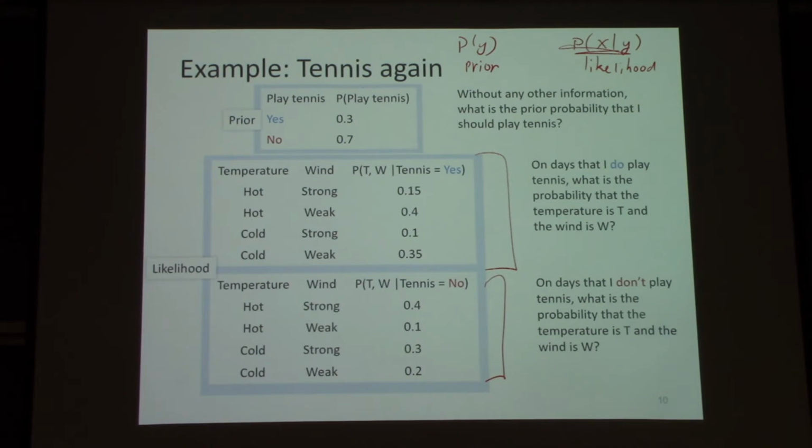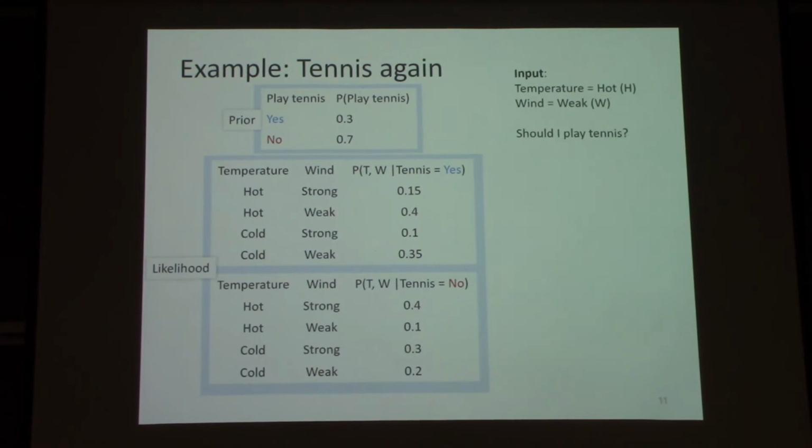If you had both these sets of numbers, then I can now ask what is the probability that I should play tennis on a day that is, say, cold and strong. So let's say if you have these three sets of numbers, you could ask what's the probability that you should play tennis when the temperature is hot and the wind is weak.